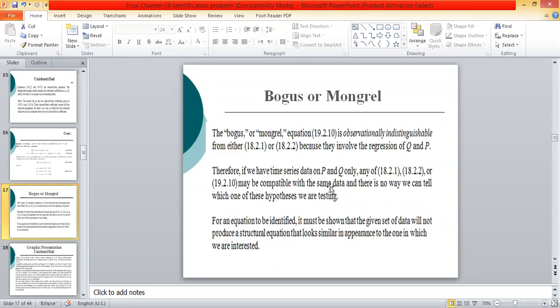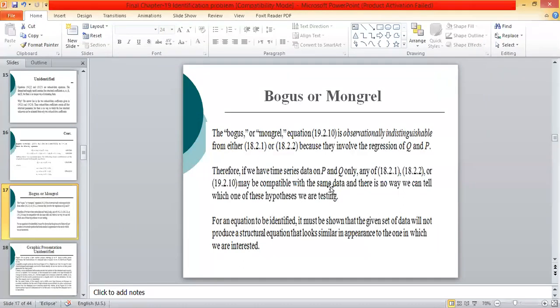So the important thing in examining the identifiability of an equation is to make the comparison. If the equation of interest is distinguishable from the bogus equation, then the equation will be identified. And if the equation of interest is indistinguishable from the bogus equation, then the equation is unidentified. In our scenario, we are looking at these two equations, the demand equation and the supply equation.